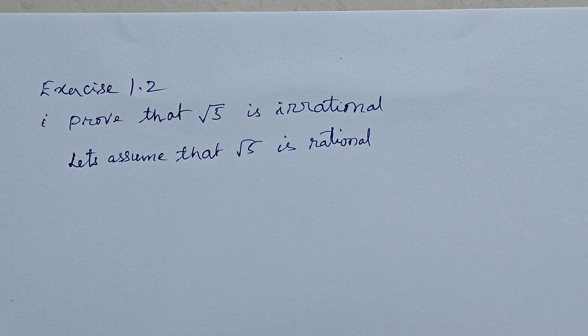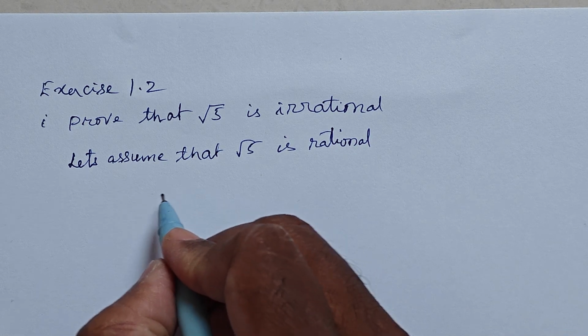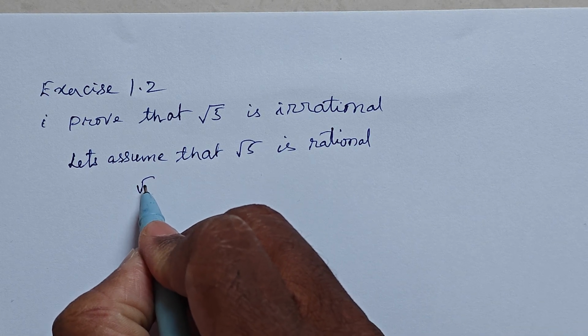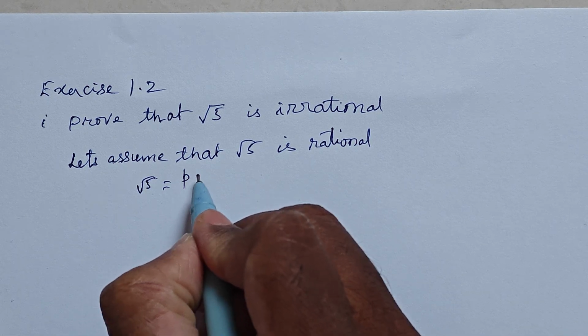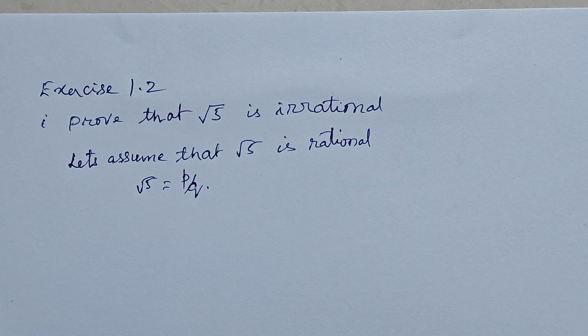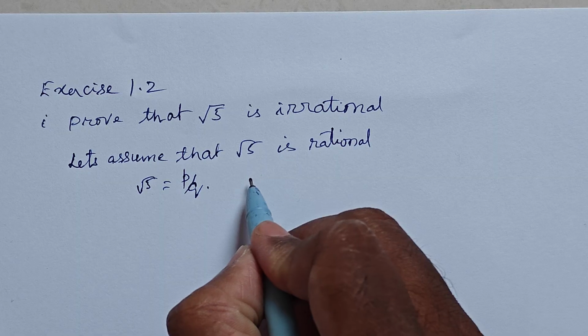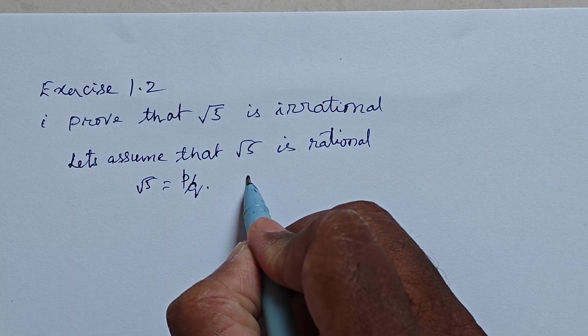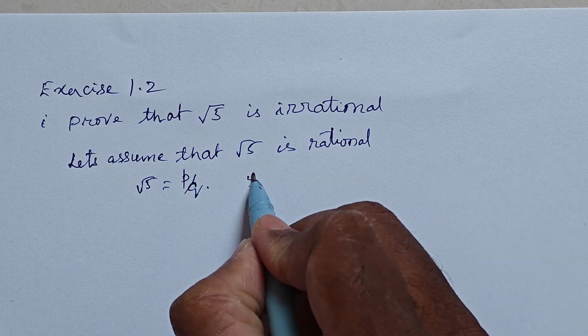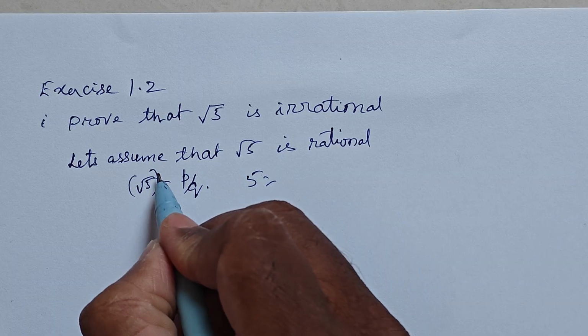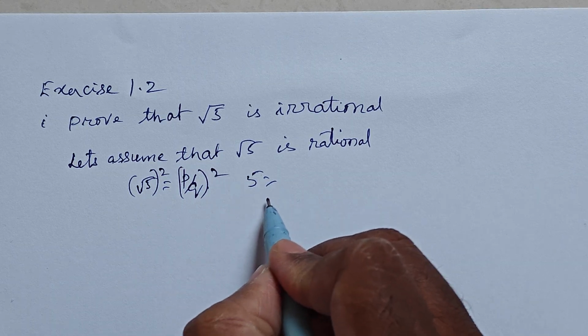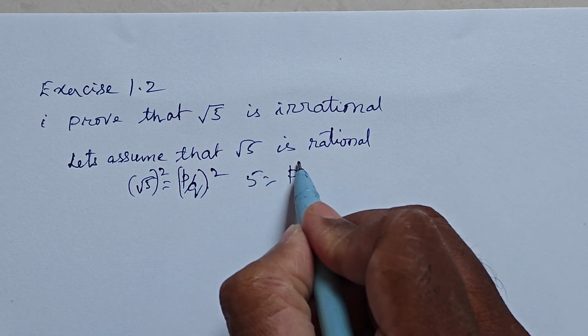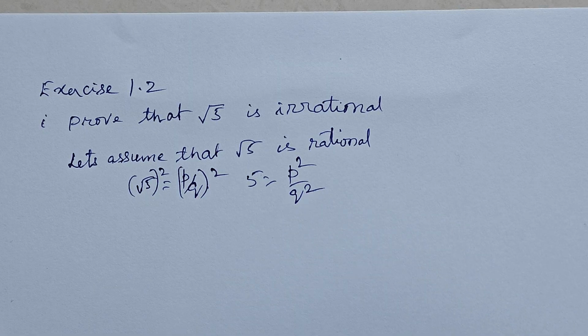Now, any rational number, if you recall, we can write in the format p by q. Correct? So, if I square on both the sides, what will happen? 5 will become p square by q square.